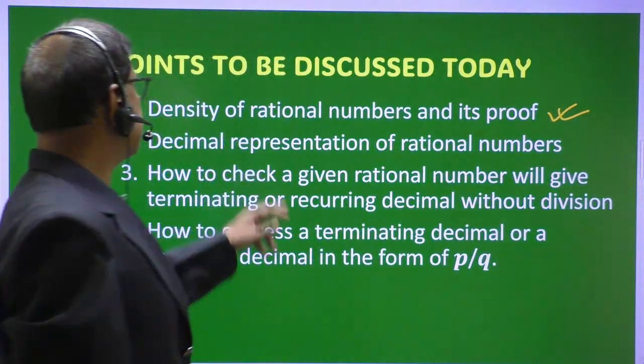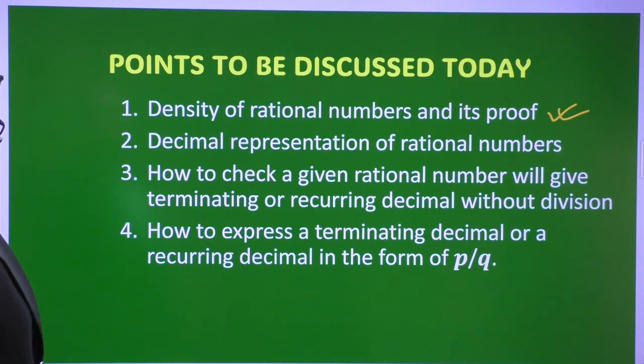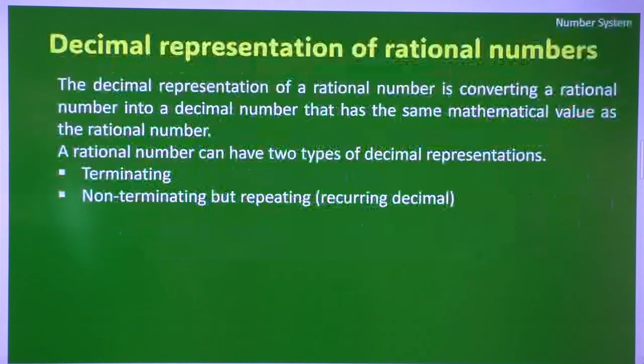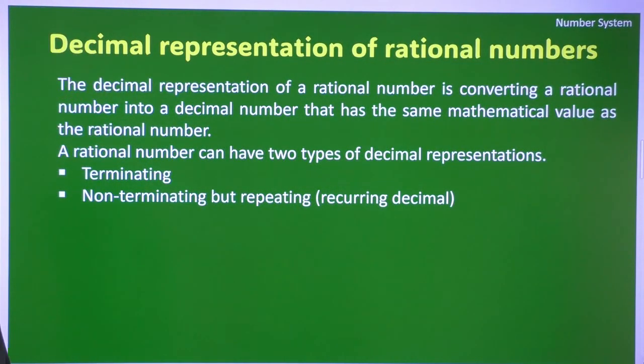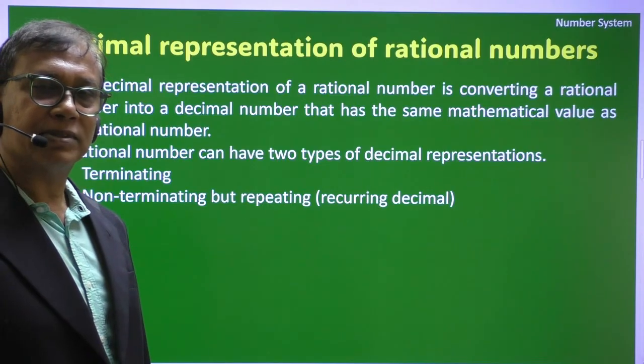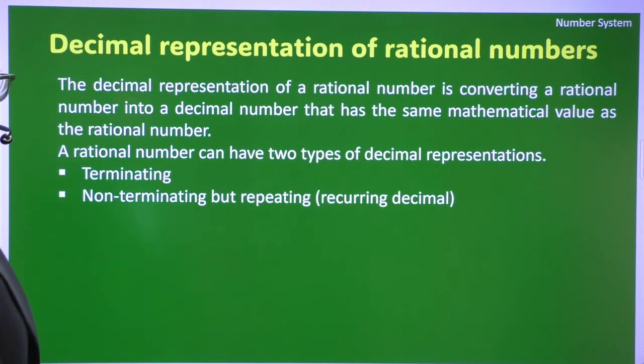Now I'll discuss decimal representation of rational numbers, and this is second point. What is decimal representation of rational numbers? The decimal representation of a rational number is converting a rational number into a decimal number that has the same mathematical value as the rational number. Just the form is different, but both have the same mathematical value.